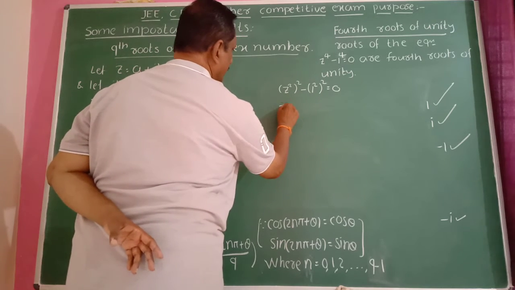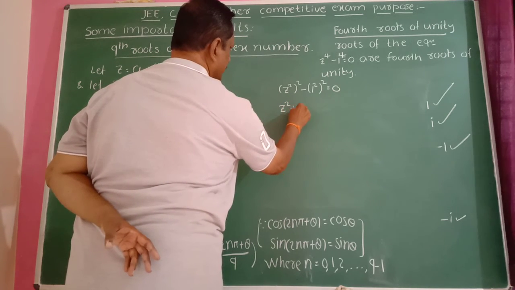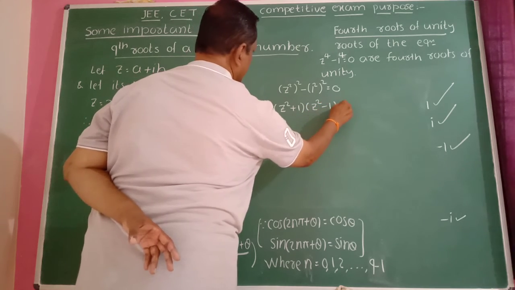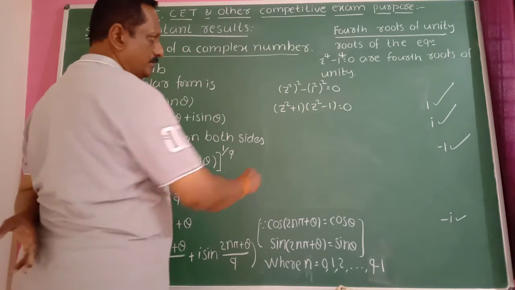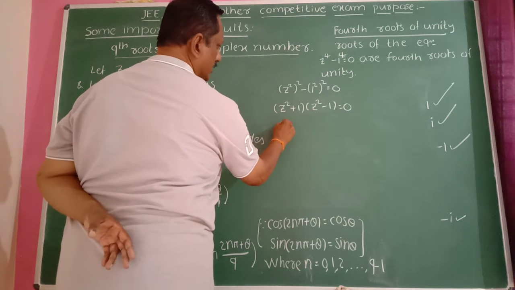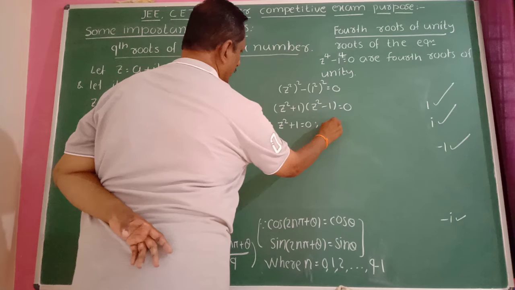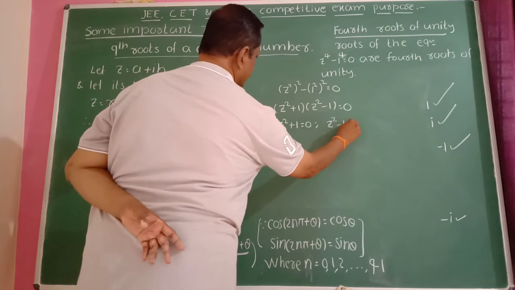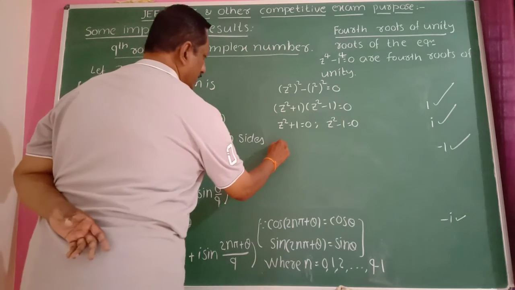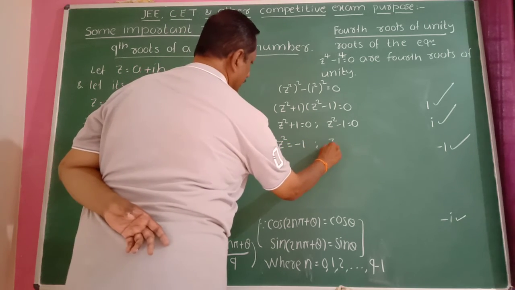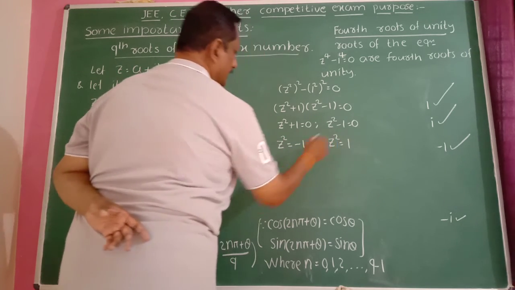According to that formula, z squared plus 1 into z squared minus 1 is equal to 0. Then either this is 0 or this is 0. So z squared plus 1 is equal to 0 and z squared minus 1 is equal to 0. Therefore z squared is equal to minus 1 and here z squared is equal to plus 1.